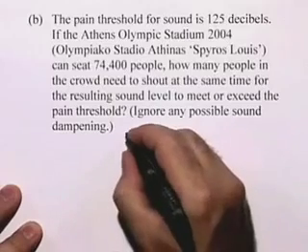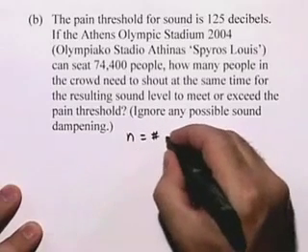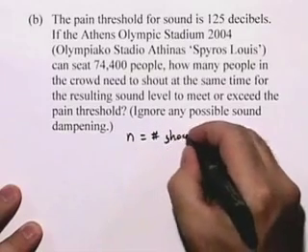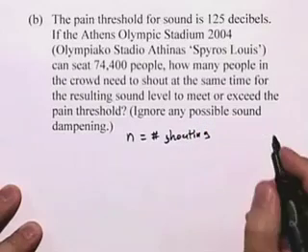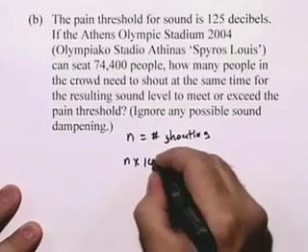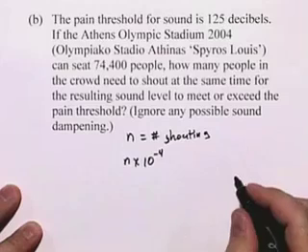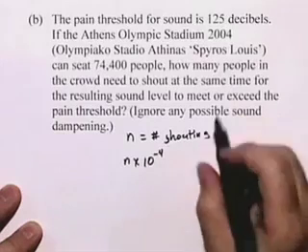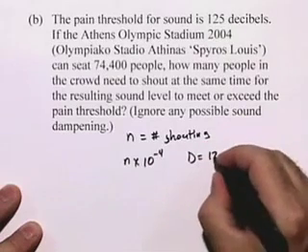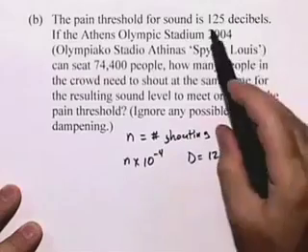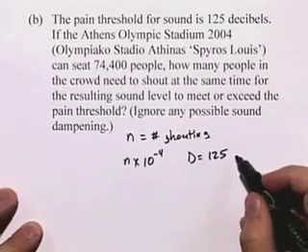If we let N represent the number of people who shout, then the intensity will be N times 10 to the negative 4th watt per square meter. We're going to let D be 125, since that's the pain threshold, 125 decibels.